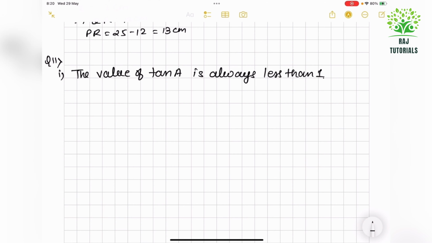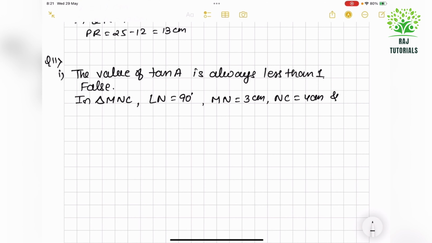The 11th question is, state whether the following are true or false. Justify your answer. The value of tan A is always less than 1. So this will be false, because in triangle MNC, angle N equal to 90 degree, MN equal to 3 centimeter, NC equal to 4 centimeter, and MC equal to 5 centimeter.